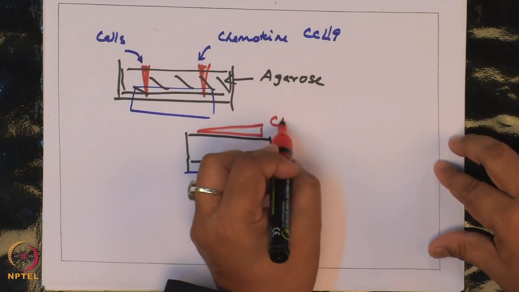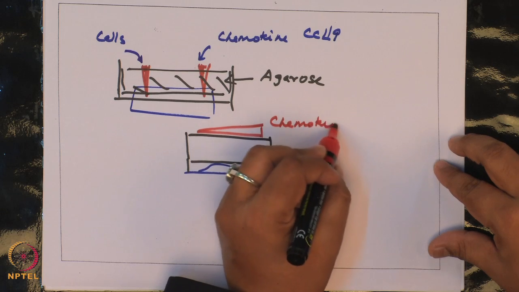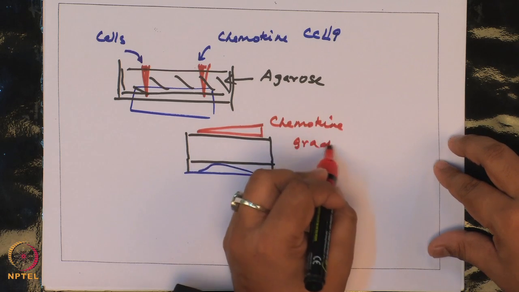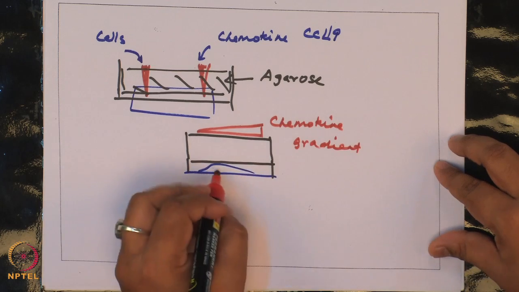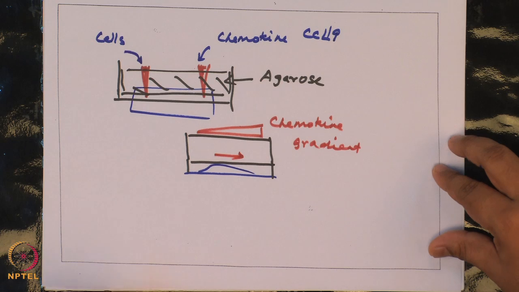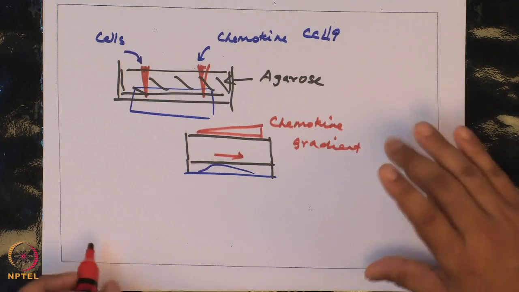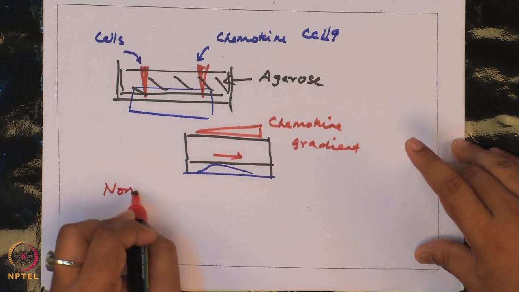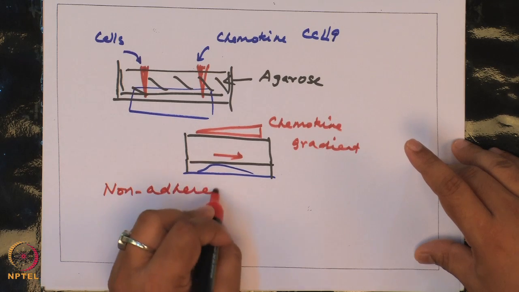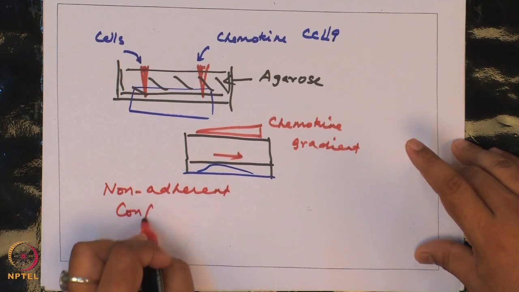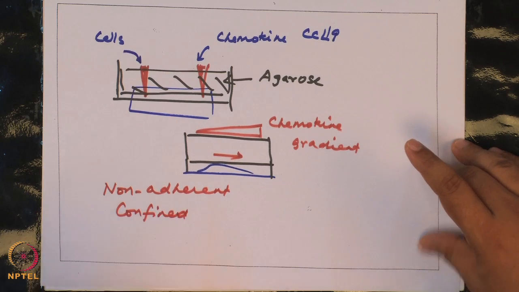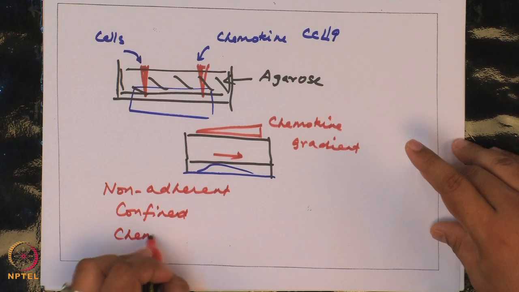So, this is my chemokine gradient. The cells will migrate from left to right, under confinement and non-adherent conditions. So, it is non-adherent and confined, and it is chemotactic migration.